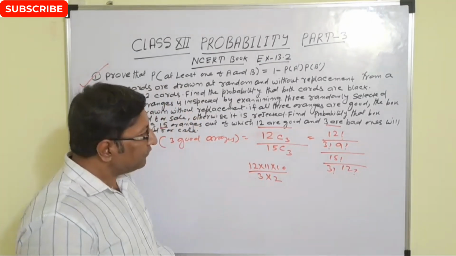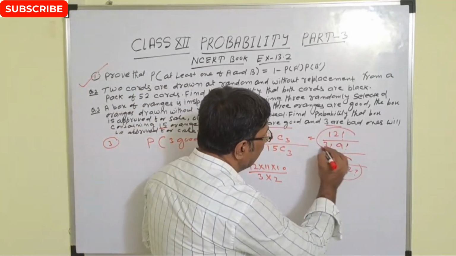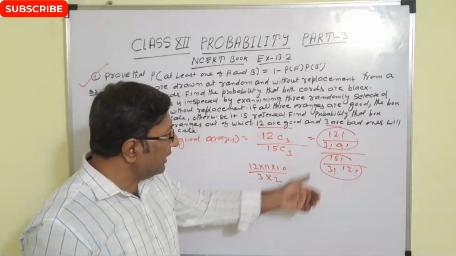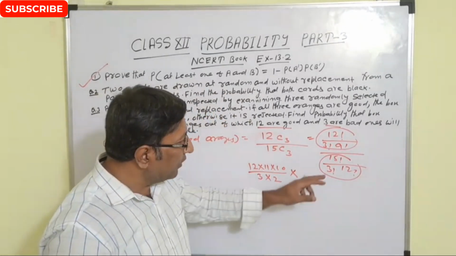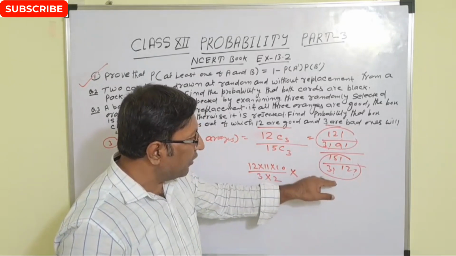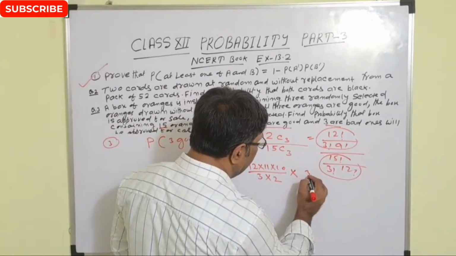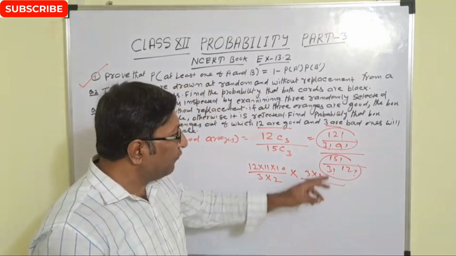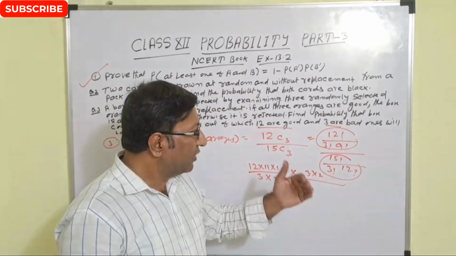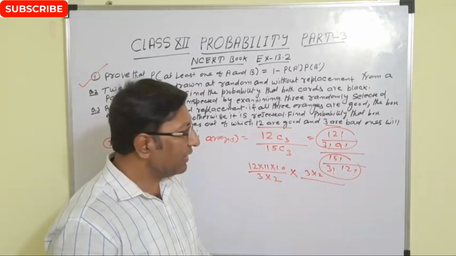Now in this expression, this divide this. So when dividing, change into multiply and take the reciprocal. So it will go up, it will go down. So 3 factorial is what? 3 into 2. And this 12 will be cancelled out because 15 becomes 15, 14 and 13, then 12, so 12 will be cancelled out.